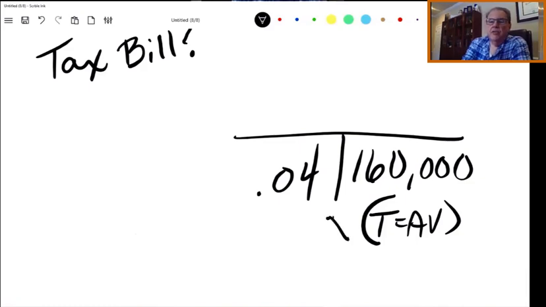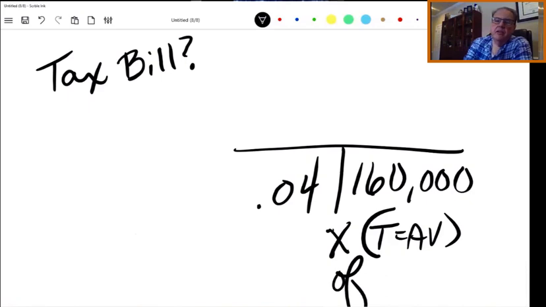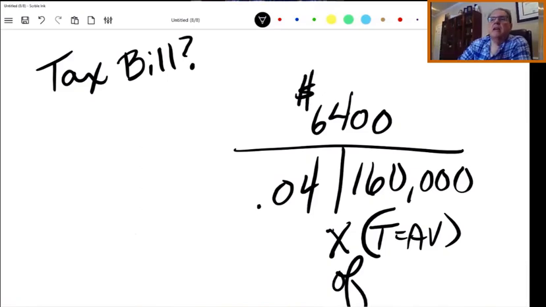That's the tax rate. 4% of $160,000 should be, I'm hoping, $6,400. The part paid as the ad valorem tax, $6,400.